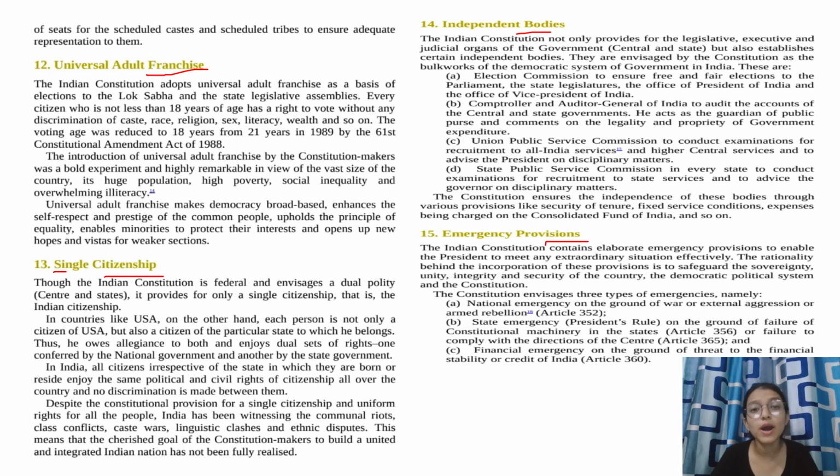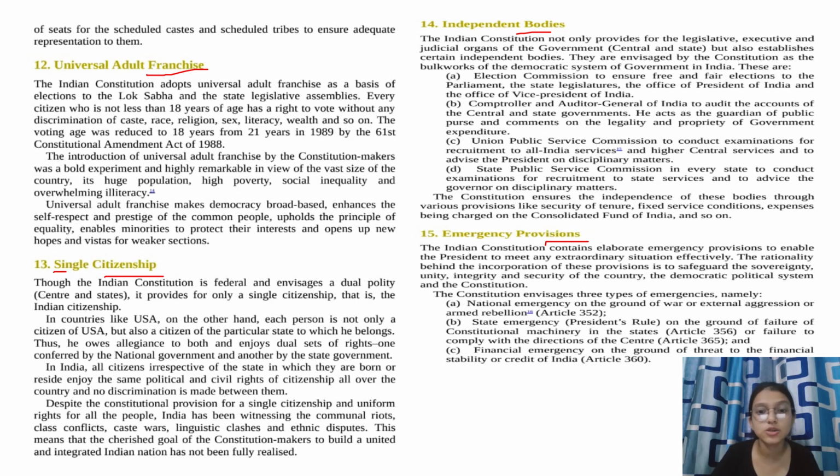While the Constituent Assembly or the drafting committee were preparing the draft, they also embodied the emergency provisions. For example, if in any case in future we encounter a certain scenario, what would be the provision that should be adopted in order to safeguard our people, our citizens?